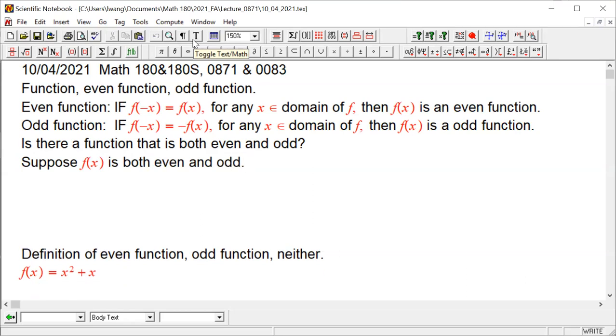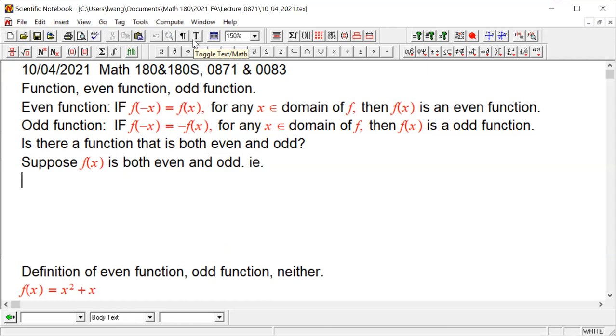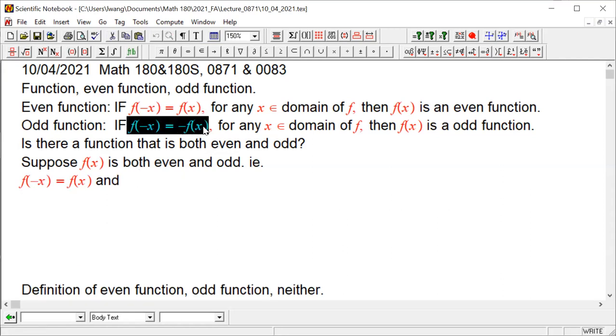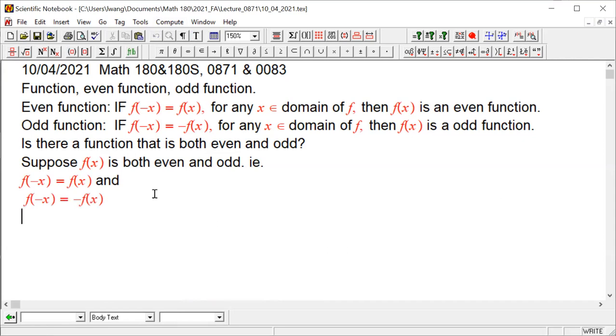What does that mean? Both are true. If both are true, what can we do about it? This is true and that is true.